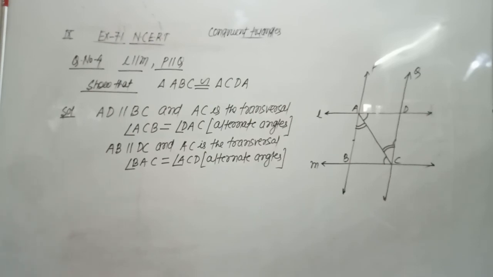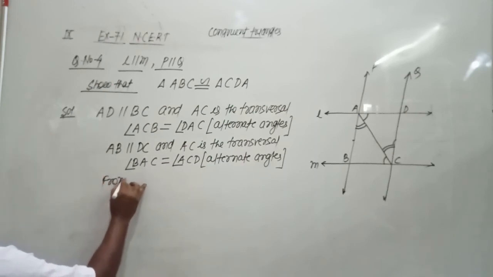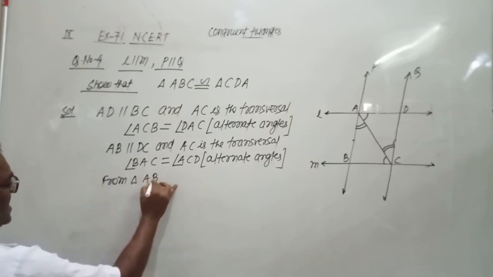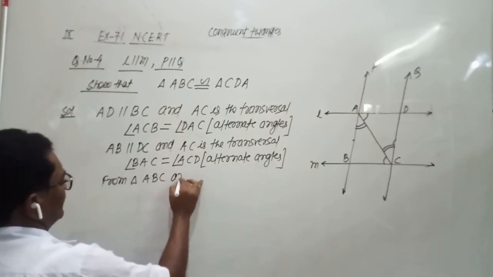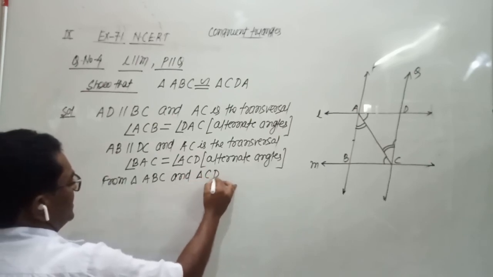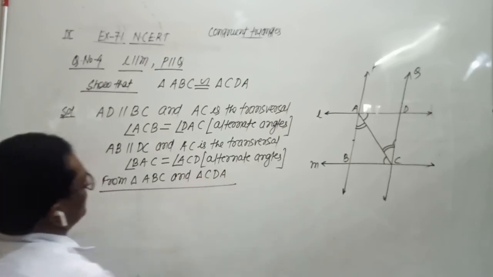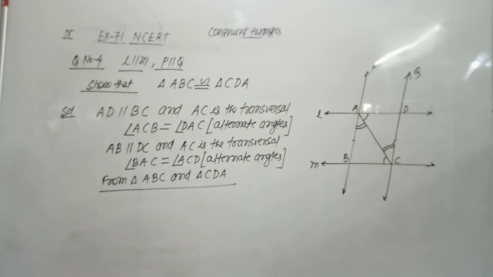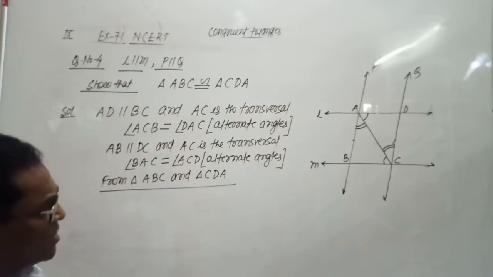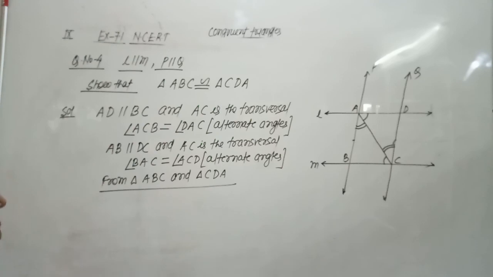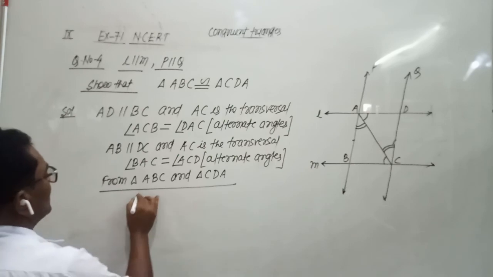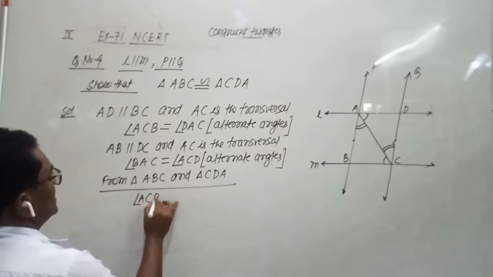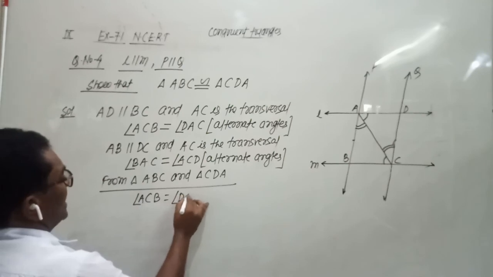Now we take two triangles, triangle ABC and triangle CDA. From triangle ABC and triangle CDA, angle ACB equals angle DAC, as we have already proved.